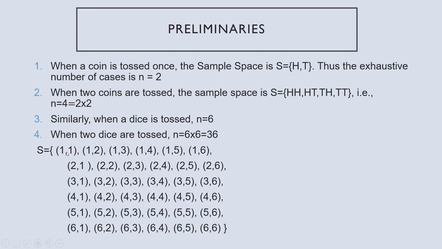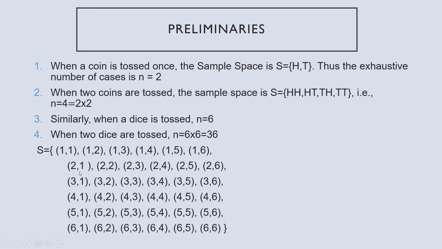S is equal to either the first dice shows 1, second dice shows 1; first dice shows 1, second dice shows 2; first dice shows 1, second shows 3; first shows 1, second shows 4; first dice shows 1, second dice shows 5; first dice shows 1, second shows 6.